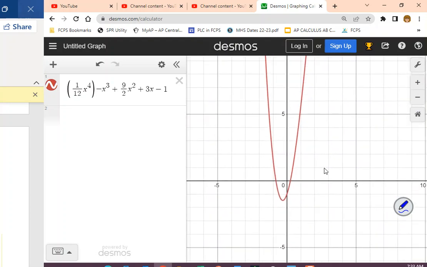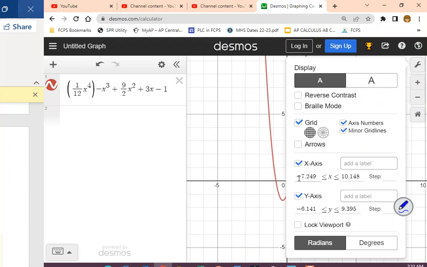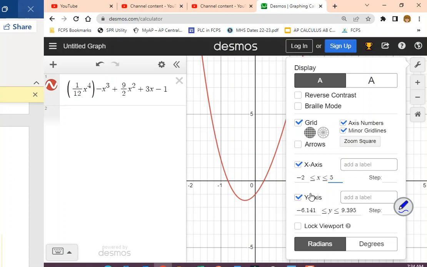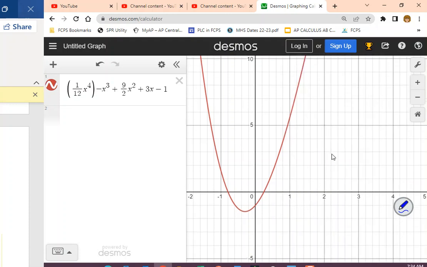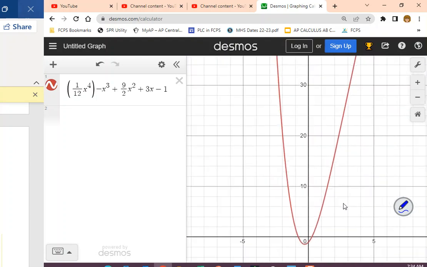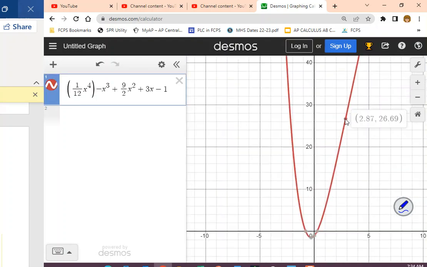Can we see it? I don't know if we're going to be able to see it. I was going to see if we have some kind of visual clue about that weirdness at 3. I'm going to need a lot more graph. Kind of see how this side does this, but then this side kind of goes off to the side. It's not a beautiful parabola-ish looking thing. That's not an inflection point.